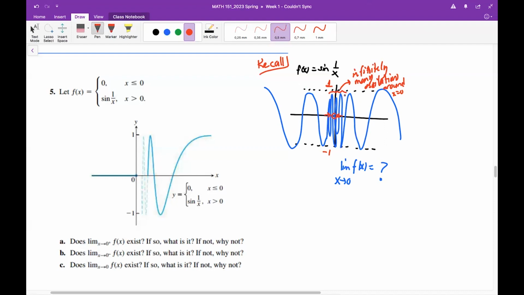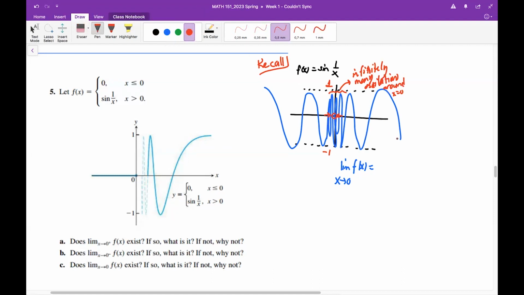Since there are infinitely many oscillations here, there is no unique number to which this function approaches. It is impossible, right? At one moment the values are very close to 1, at the next they are very close to -1, because of these infinitely many oscillations. That's why there is no unique number to which it approaches.